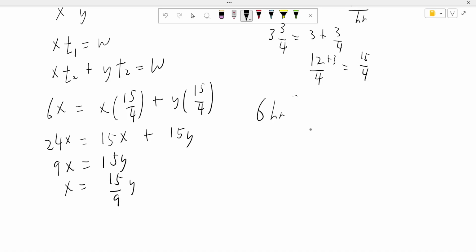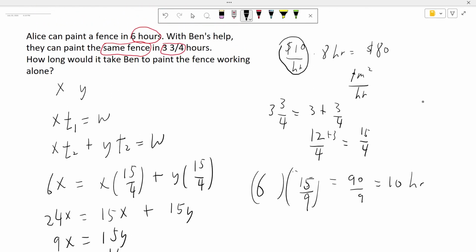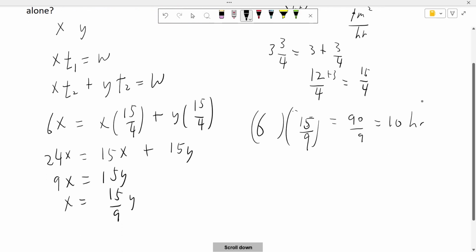It's going to be times this, because with Ben working alone, it's going to take longer. So if you just multiply by this, you get 10 hours. So it's going to take Ben 10 hours, a lot longer than Alice, to paint the same fence.